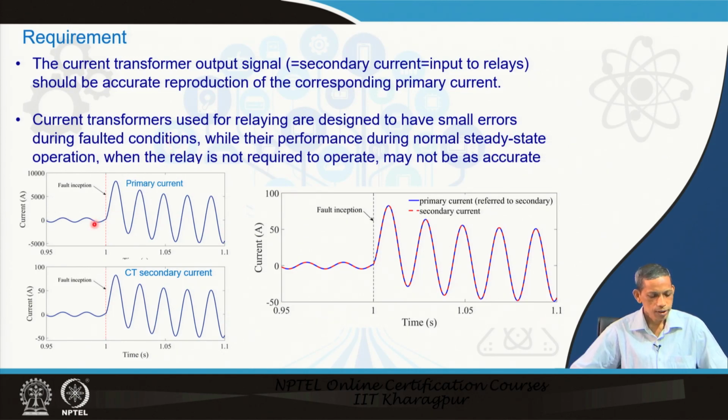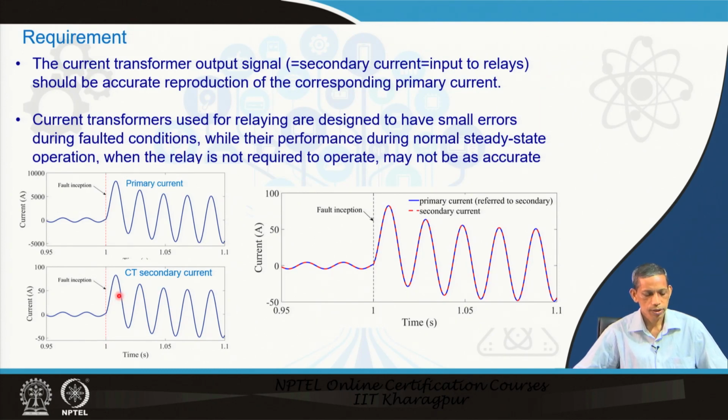Now, if you see this plot of the situation, this is the pre-fault current, the fault inception point, and the current goes to a very high value, the primary current, with some decaying DC. Now, the secondary current is scaled down depending upon the ratio, and this is the secondary current for this case.